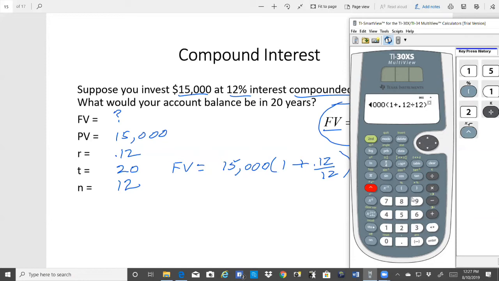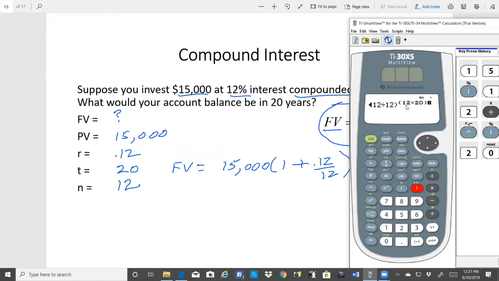Since you're going to multiply 12 times 20, use parentheses there so that it knows what the exponent will be.